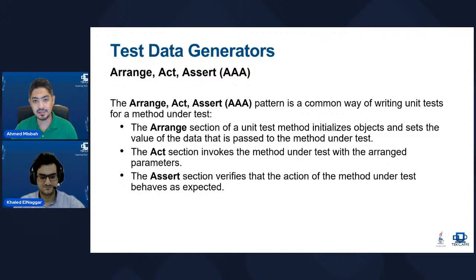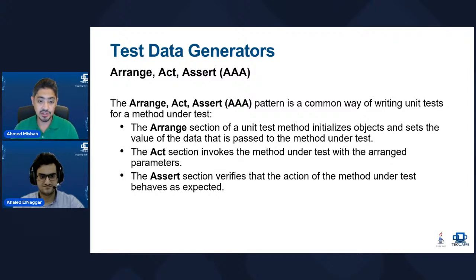So this is basically the section where you prepare your tests before they execute, or put your unit under test, or software under test in the state that you want it to be before you start exercising the tests.